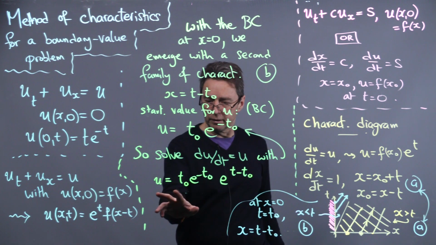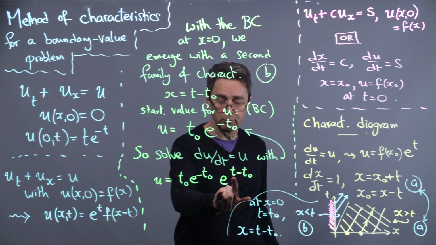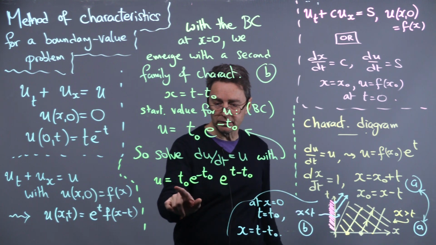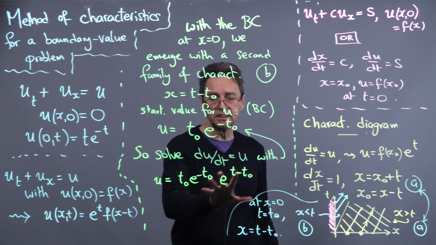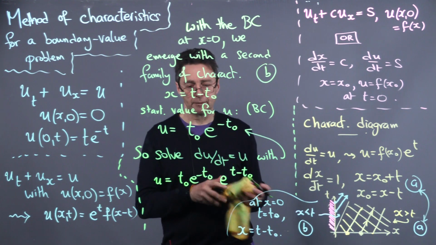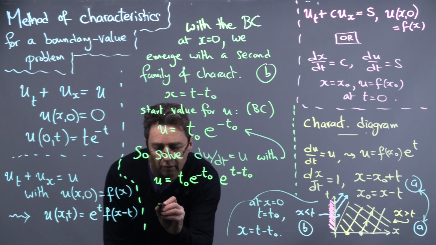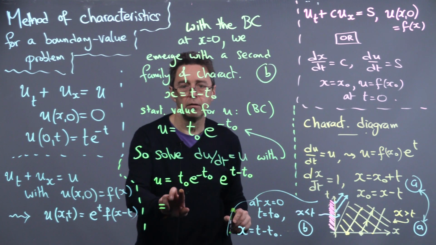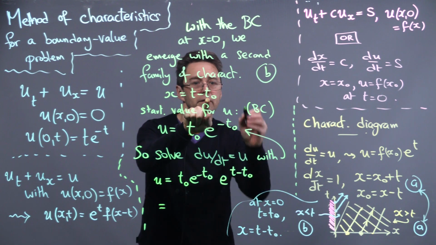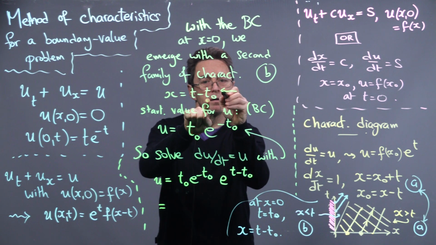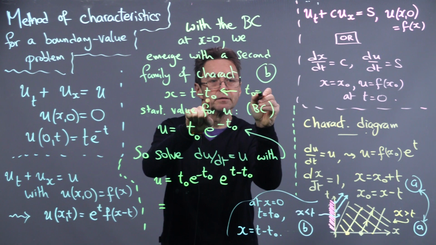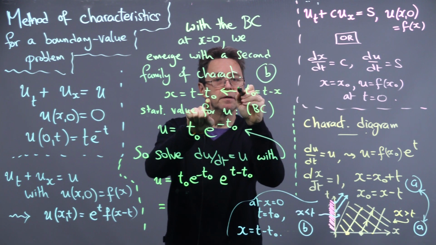Okay, so the way that I've written down the solution is proportional to e to the t, and I have just introduced a suitable constant so that when t is equal to t0, I get that. So that's my solution. But t0, if I come back up here, is equal to t minus x.